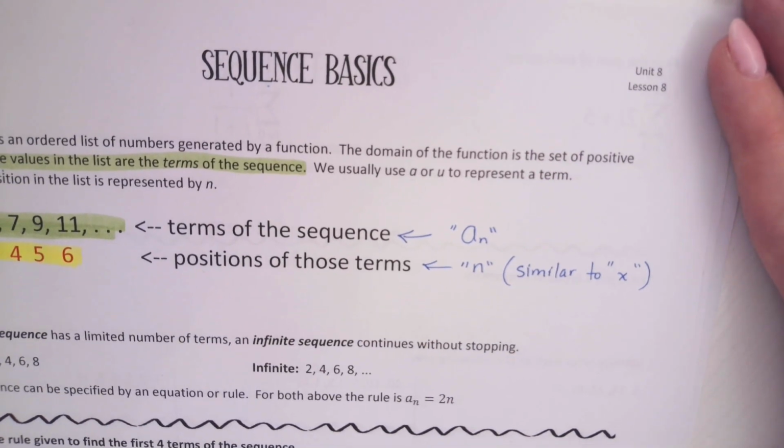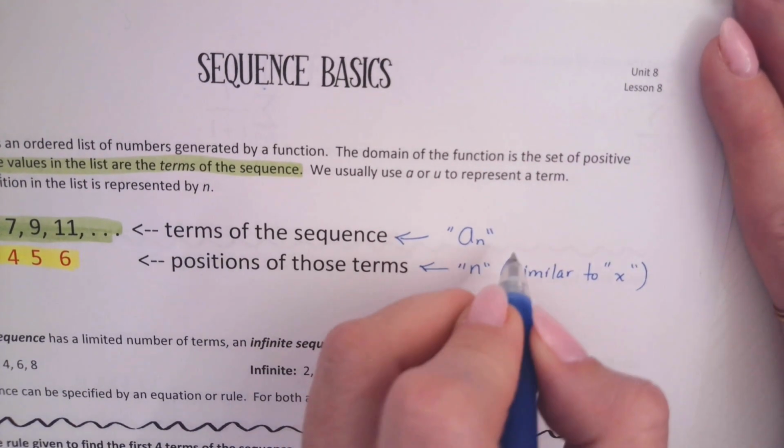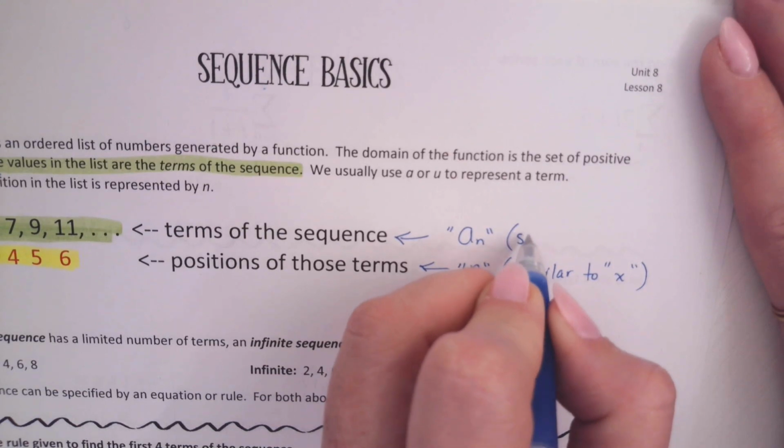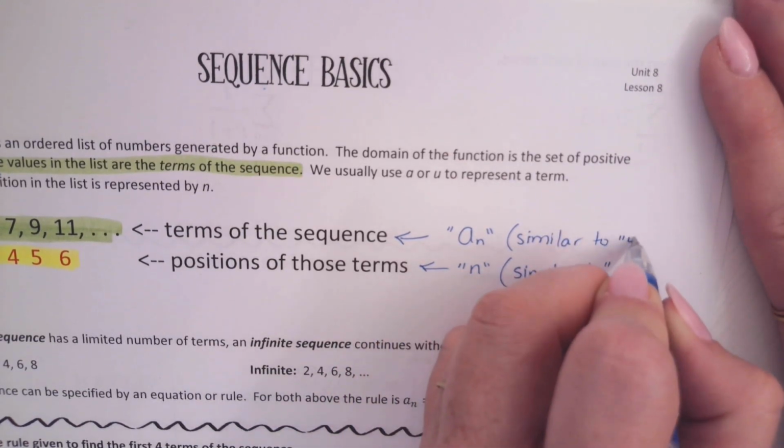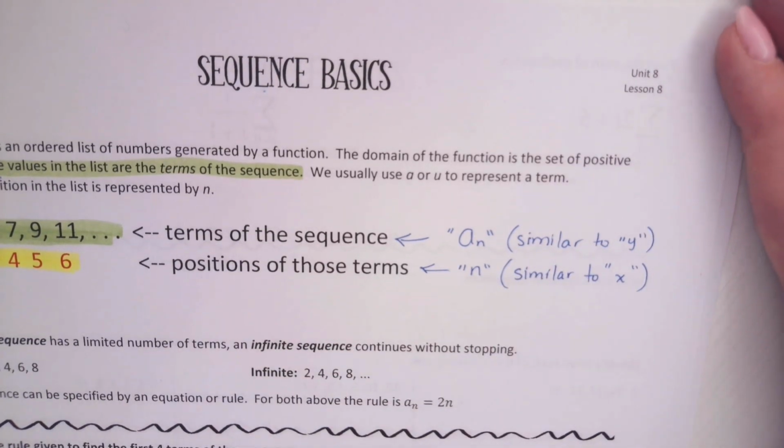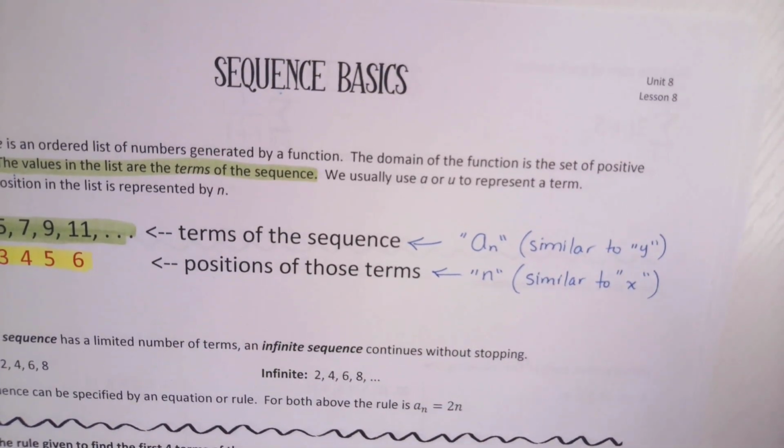It really just means y. These are the ys. So instead of x and y for sequences, they use n and a_n, or sometimes they use different letters. I like to switch it up.